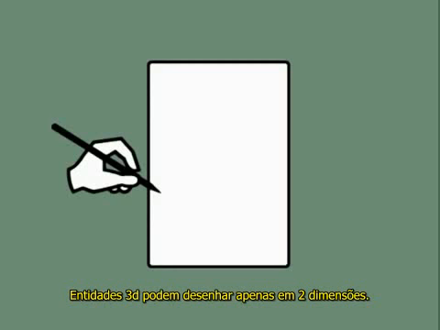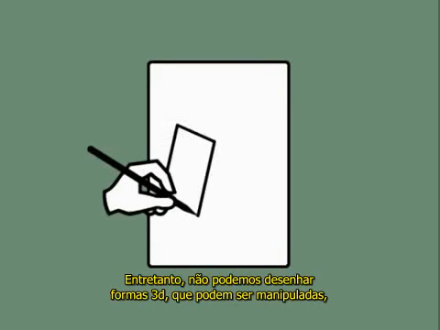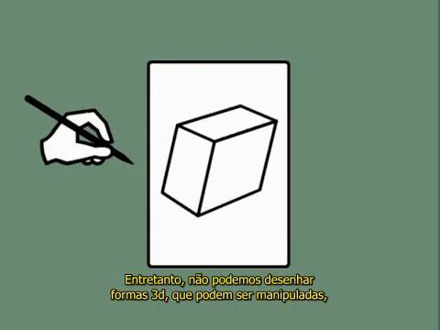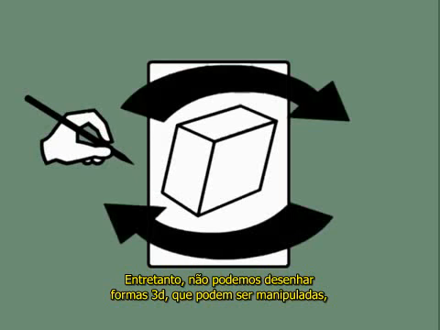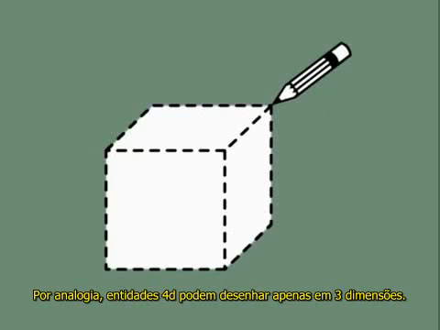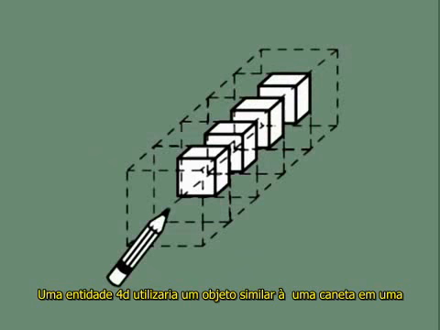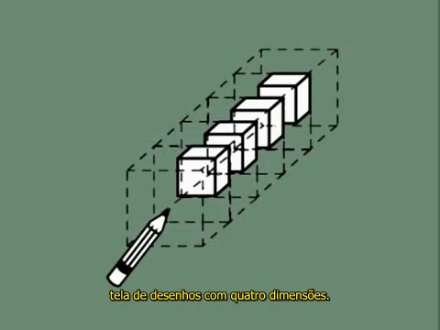3D entities can paint only in 2D. We can take a piece of paper and draw any 2D form we want. However, we cannot draw real 3D shapes that can be rotated, using only a pencil. By analogy, 4D entities can paint only in 3D. A 4D entity would draw by pressing a pen-like device against a 4D object, or a 4D canvas.